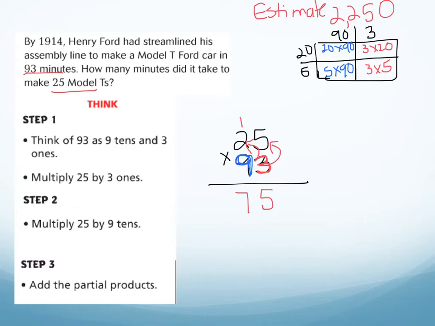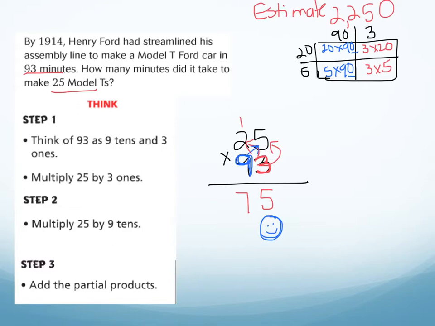I'm going to make place for that 9 tens by putting in a 0, because when I use my multiply by 10 strategy, I always have to add the 0 for 90 into the answer. Once I place that 0, I can multiply by 9 and regroup as usual.